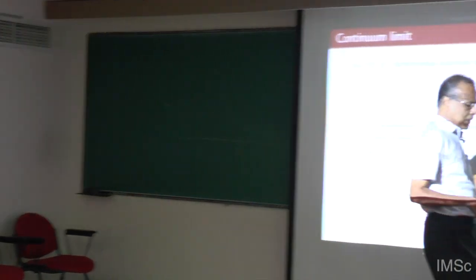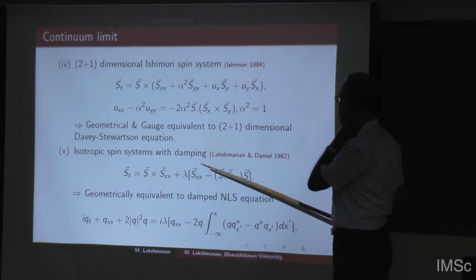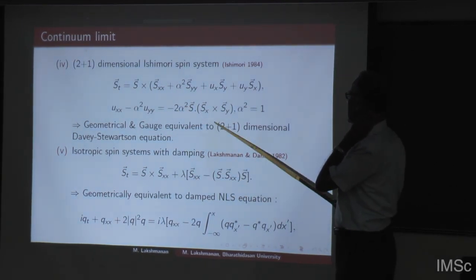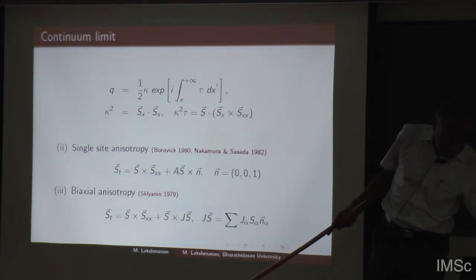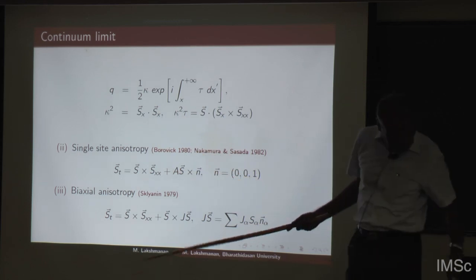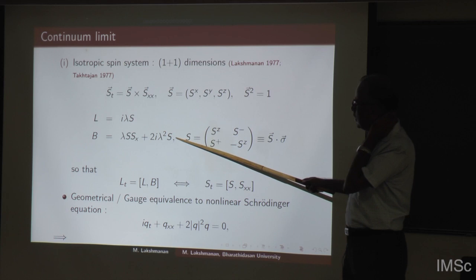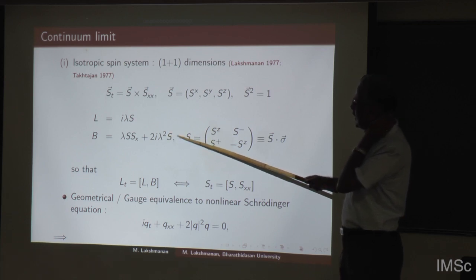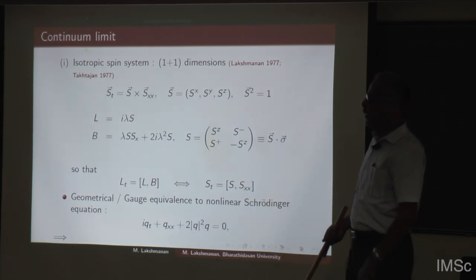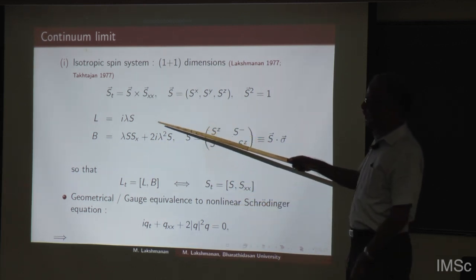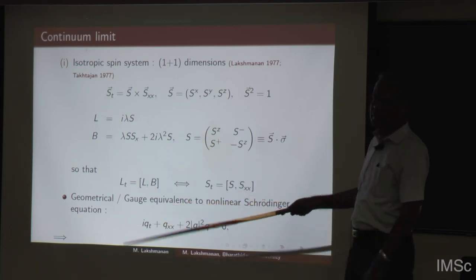Yeah, the gauge transformation I talk about is if you transform this matrix S I wrote earlier to some G S G inverse, a matrix transformation, then you can show that in the transformed frame the equation looks like this.